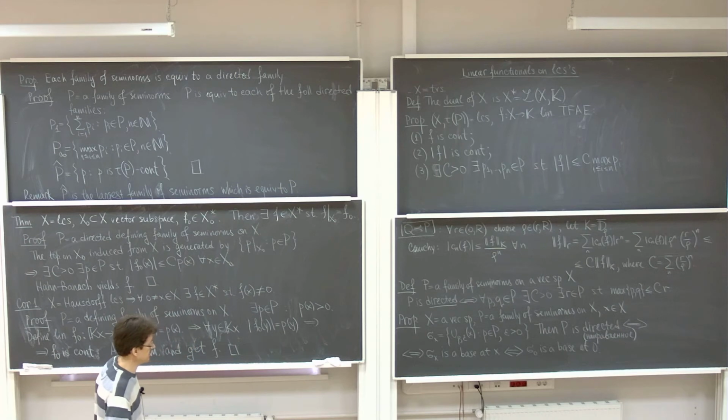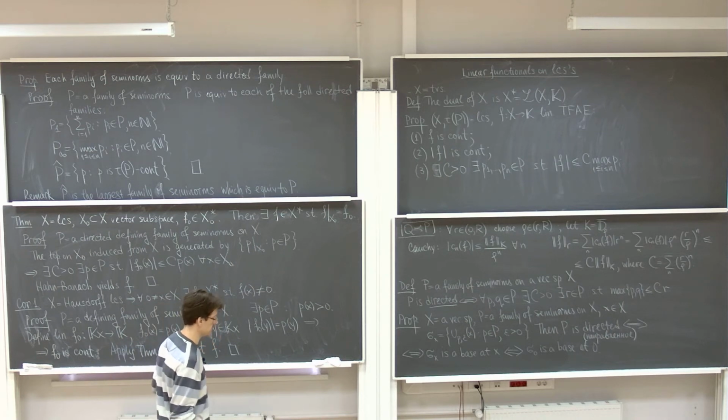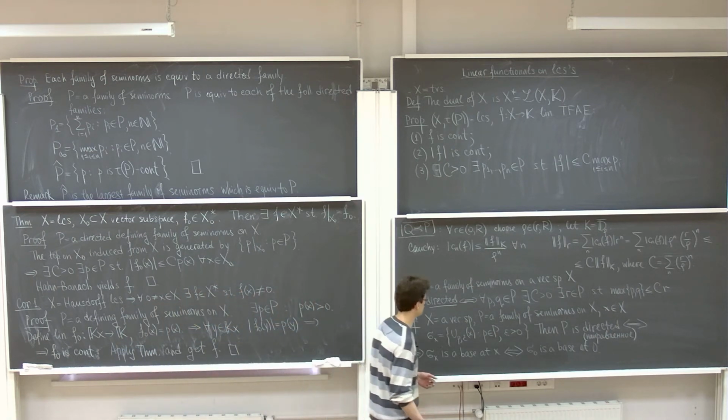That is, there are many examples of topological vector spaces, Hausdorff, metrizable, and so on, such that there is no non-zero continuous linear functional on such a space. Some of them are contained in the exercise sheet, but in fact there are many of them.